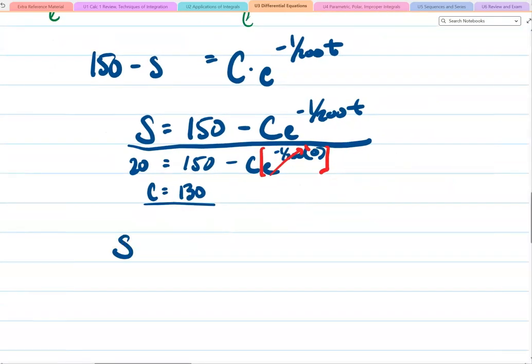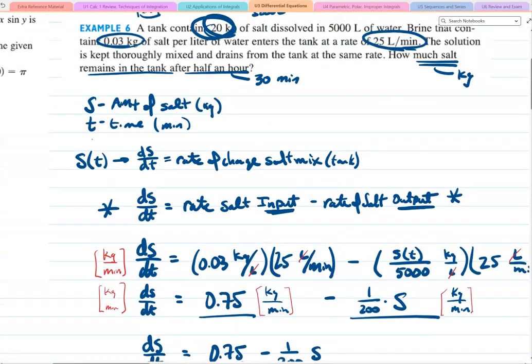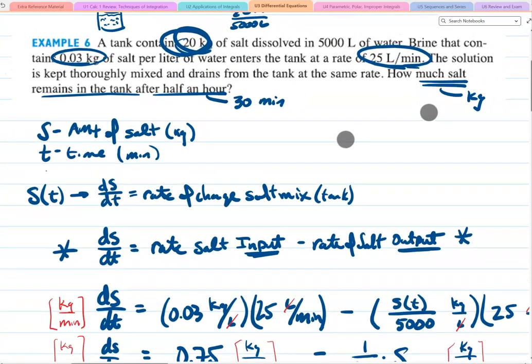It looks like our solution to the differential equation is 150 minus 130 e to the negative 1/200th times t power. Okay, very good. Let's see what we have to do next. The solution is kept thoroughly mixed.